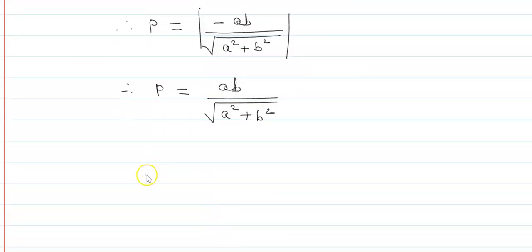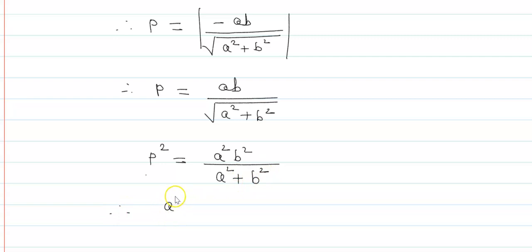Now squaring on both sides, you will get p square is equal to a square b square upon a square plus b square, and then simplification.